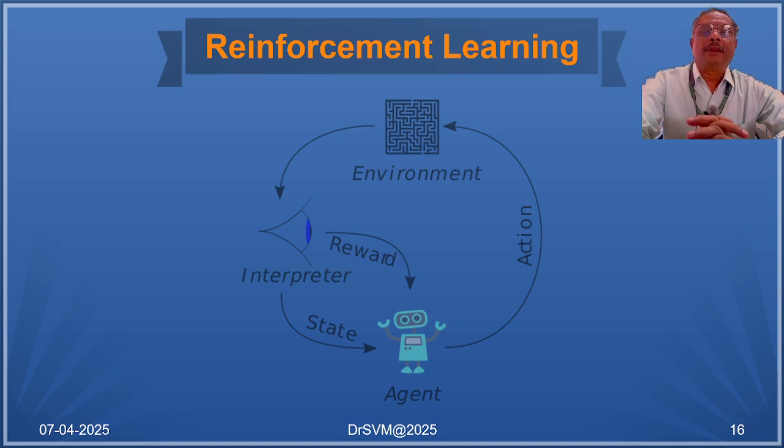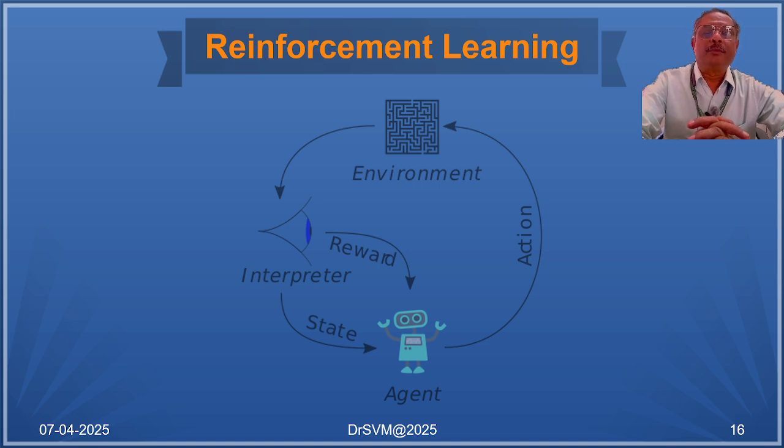What happened with the environment is visualized by the interpreter, who decides whether the current change in the environment is making the environment move towards the goal or away from the goal.